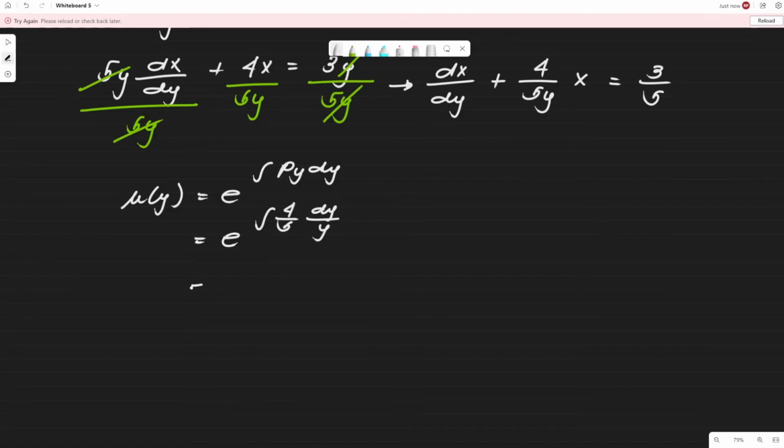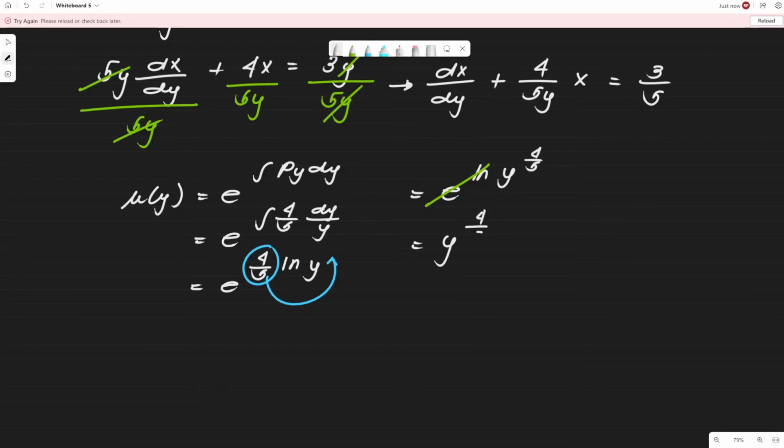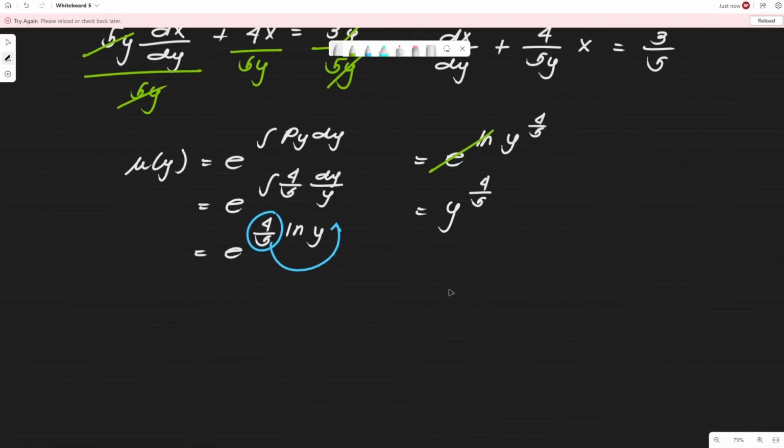So this is e raised to 4 over 5 ln y. Tapos yung 4 over 5, gagawin lang natin siya again, exponent ni y. So, we'll have e raised to ln ng y. Y raised to 4 over 5. So, makakancel si e raised to ln. So, therefore, our mu of y is y raised to 4 over 5.